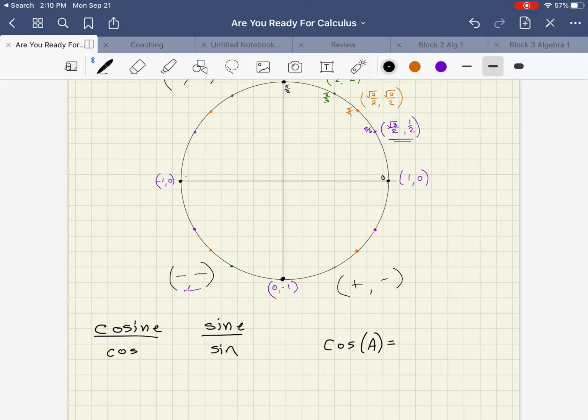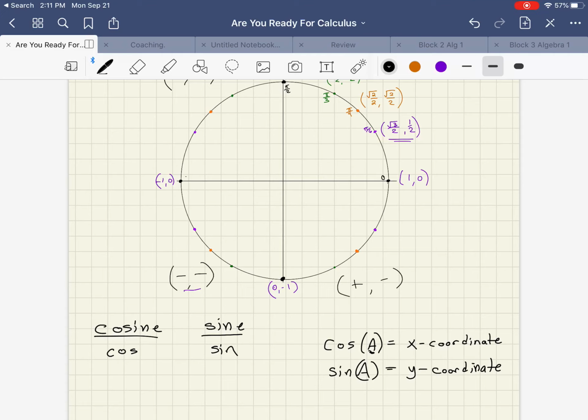It does have some ties into that, but what we're looking for here is the x-coordinate of the point after rotating and finding the position for angle A. And then the sine of angle A is simply the y-coordinate. All right, and once I know sine and cosine, or cosine and sine, then I can later on figure out tangent, cotangent, cosine, and secant and cosecant.